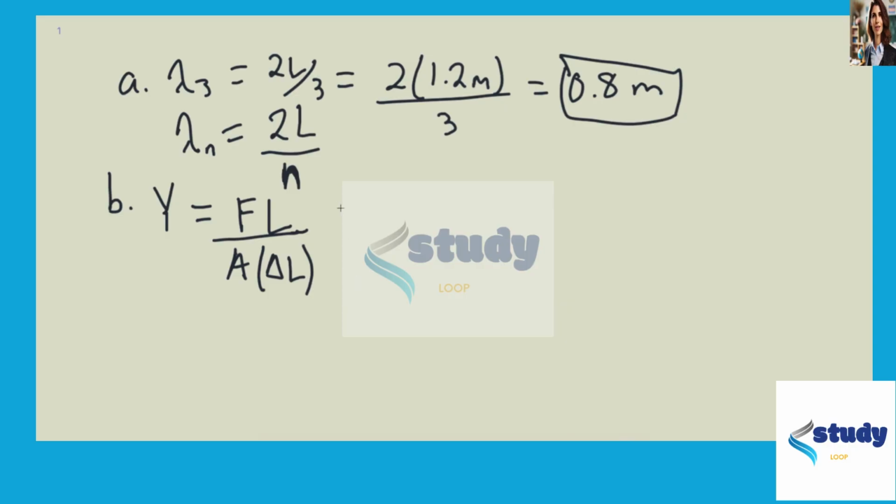So the change in length of the string is going to be equal to the force times the length of the string divided by the cross-sectional area times the Young's modulus.